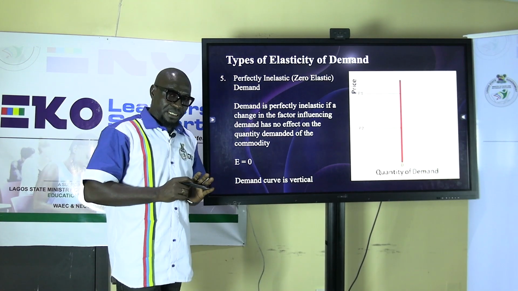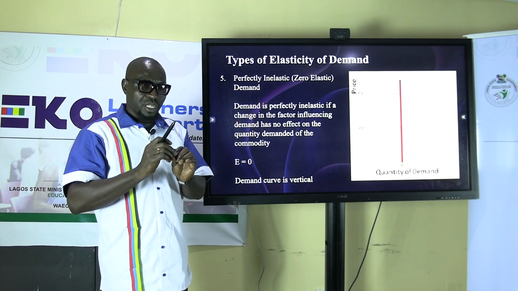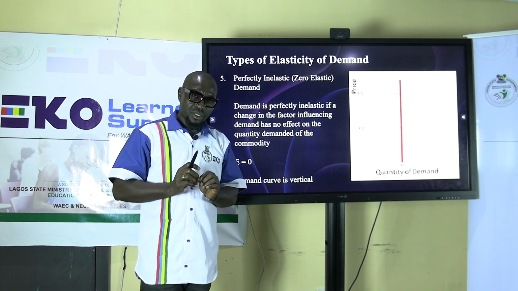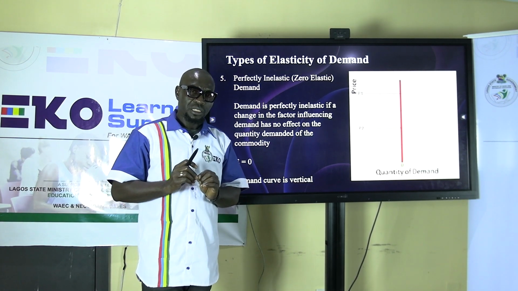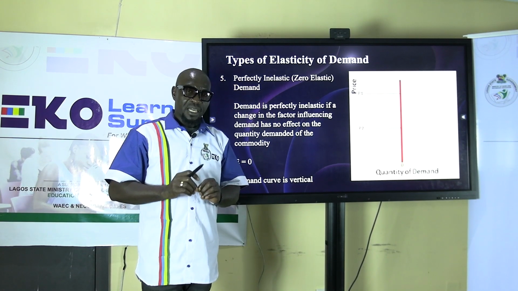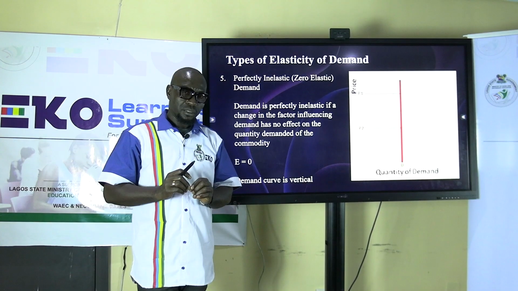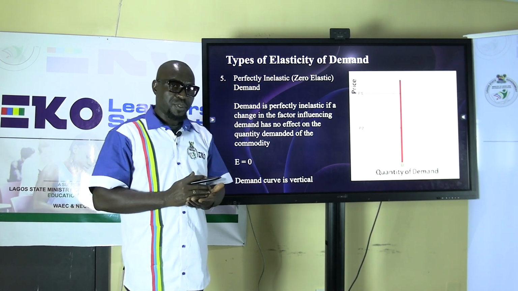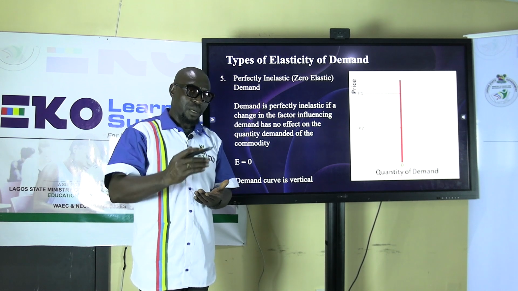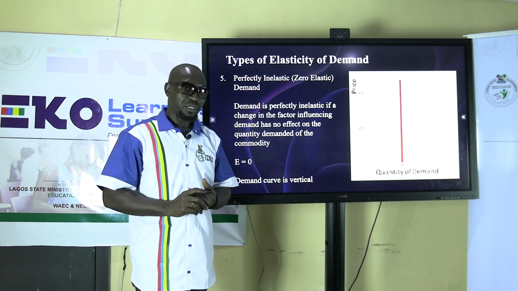For the elastic demand, a small change in price or a given change in price leads to a larger change in quantity demanded. A given change in income leads to a larger quantity demanded, meaning that if you have a 5% change in price, you get a larger percentage, 20%, 15%, 30% change in quantity demanded.